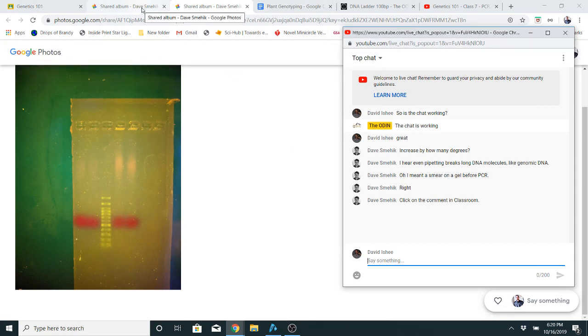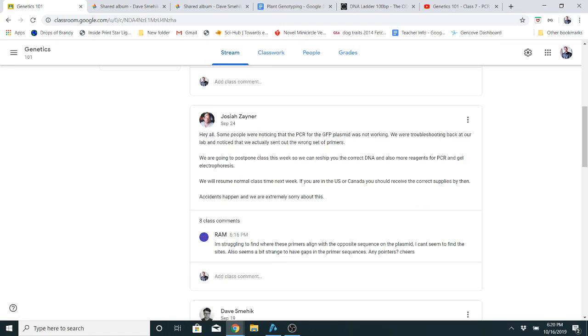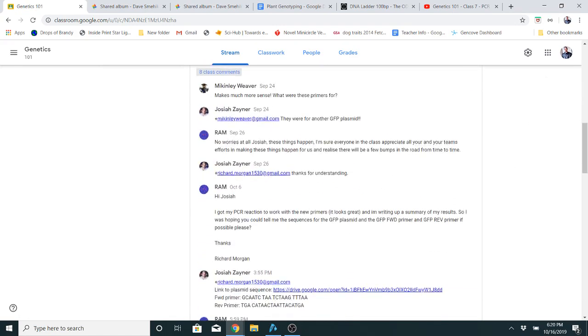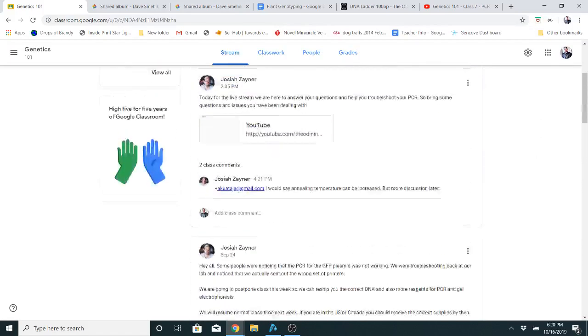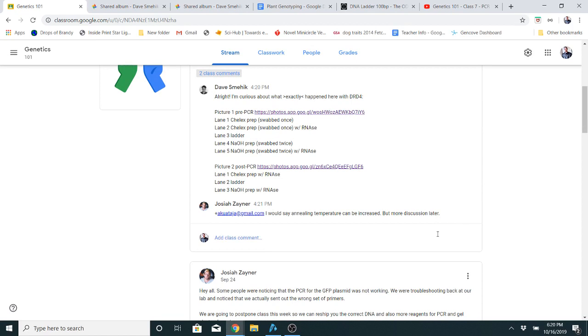Let's see. There we go. Okay. So this prep, I'm not sure exactly what protocol that is. Swabbed with RNase, swab without RNase. Okay, so 1 and 4 are no RNase, 2 and 5 have the RNase.